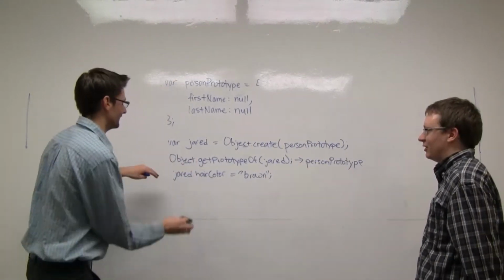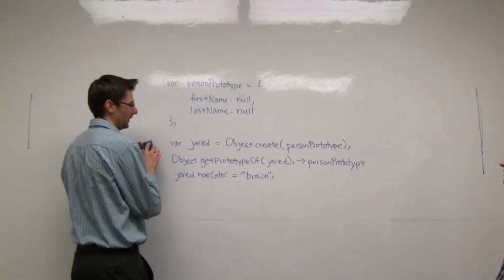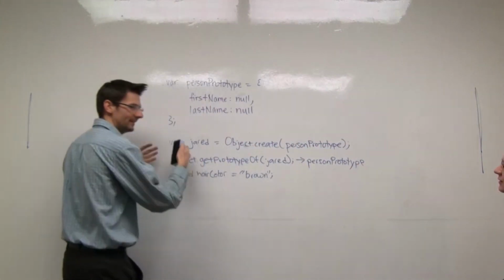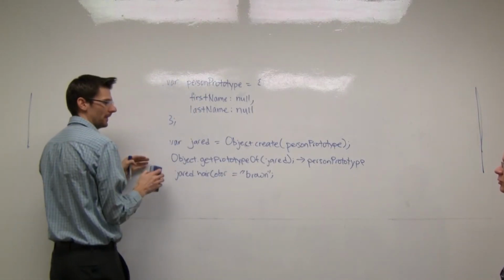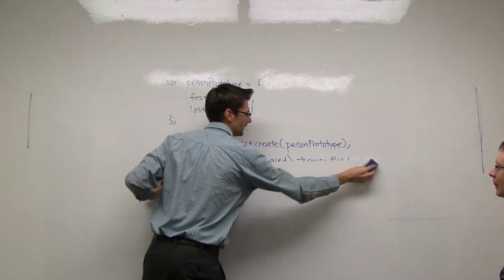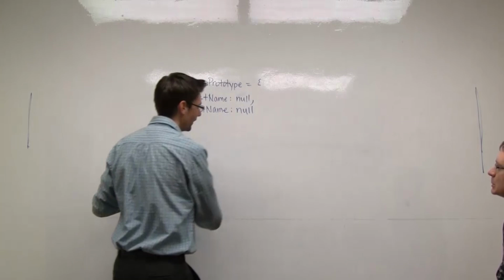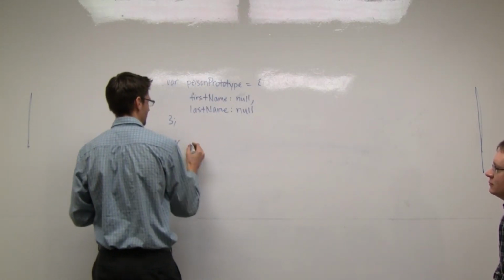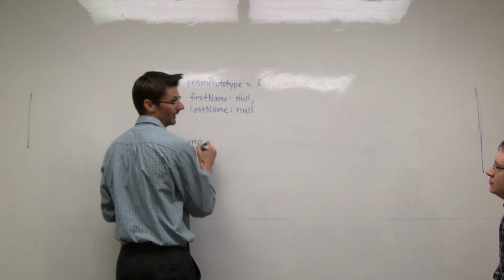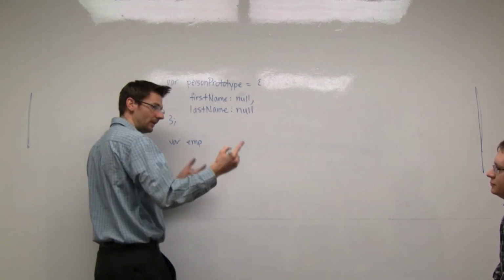Okay. So now let's carry on. I'm going to take this out. Now that you know that we could create instances of just the person, of people, but I need a more specific kind of person. What's important for our company is employees, so we work with this a lot. We want to create an employee prototype because we've got lots of employees and we need to make sure that we can create instances of them.